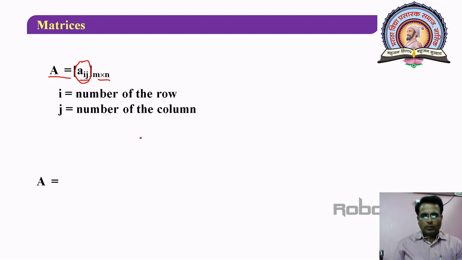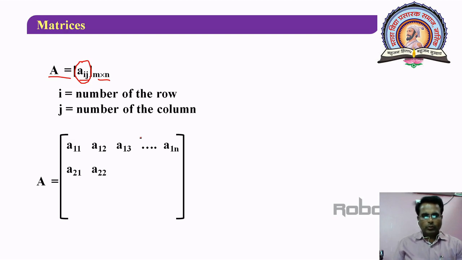Here, in general, the elements of a matrix are written like this. We observe that a11 is the element in the first row and first column, a12 the element in the first row second column, a13 the first row third column, continuing in this way, a1n the element in the first row nth column. Similarly, a21 is second row first column, a22 second row second column, a23 second row third column, continuing, a2n is the element in the second row and nth column.